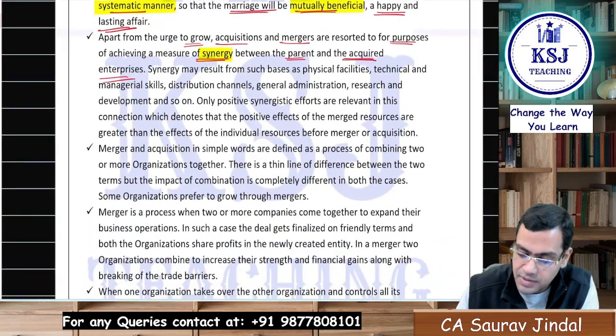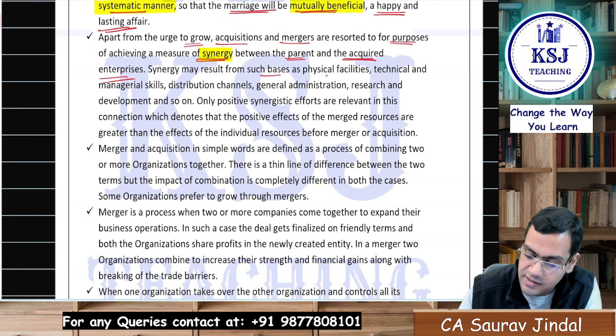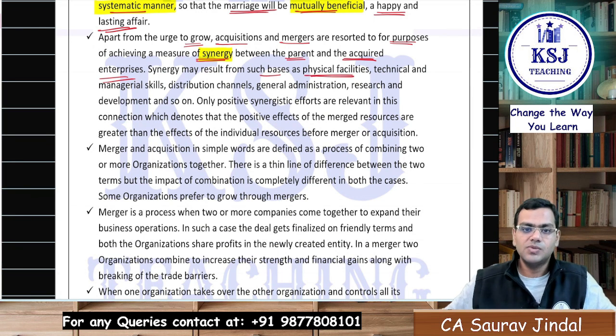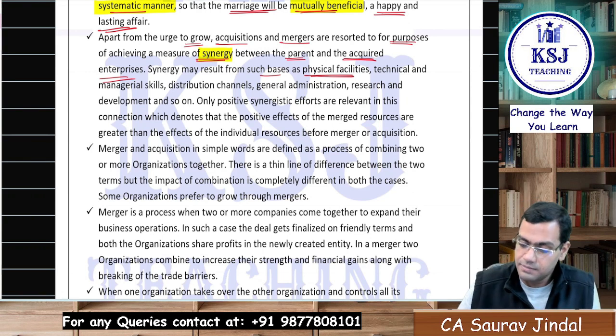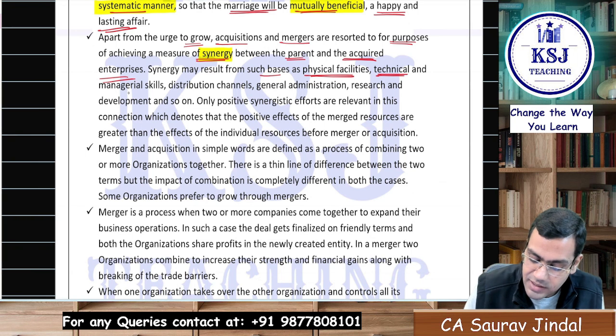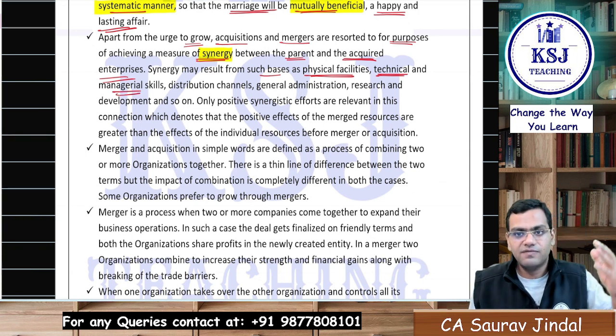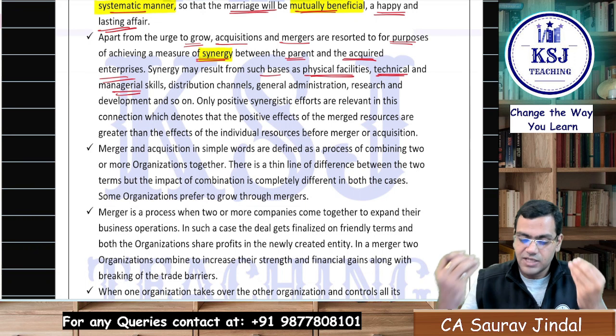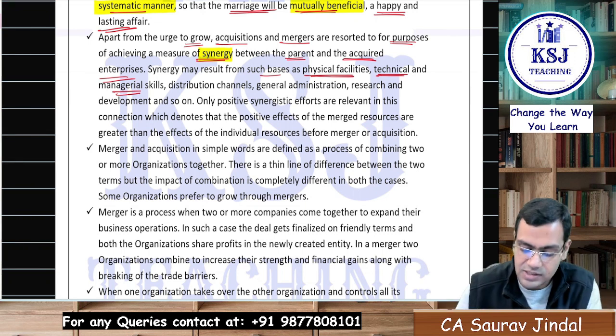So synergy may result from such bases as the physical facilities, right? The physical land. If the two companies merge, they will have a huge piece of land available to them, right? Technical and managerial skills will increase because some of the technical people will be available with ABC Limited, some will be available with XYZ Limited. When they combine, their managerial and technical skills will go up to the next level.